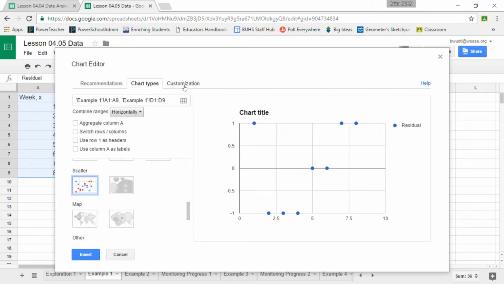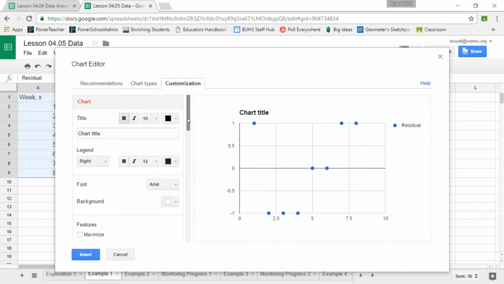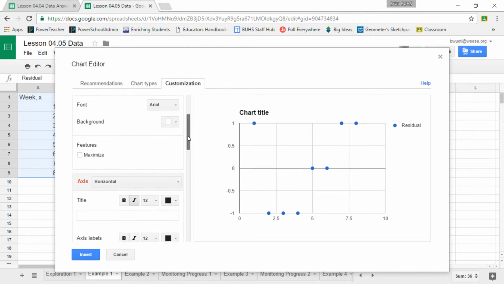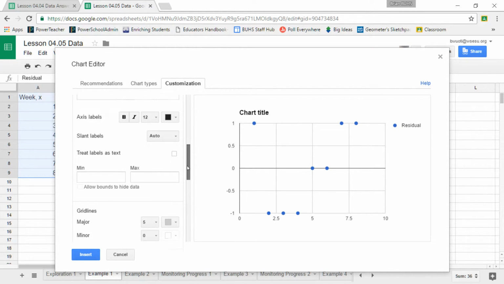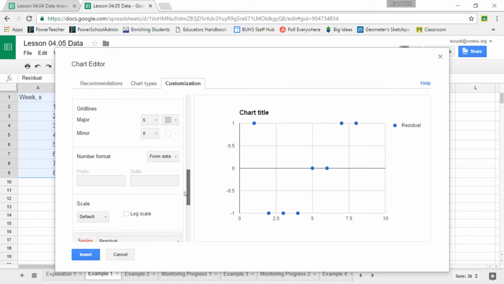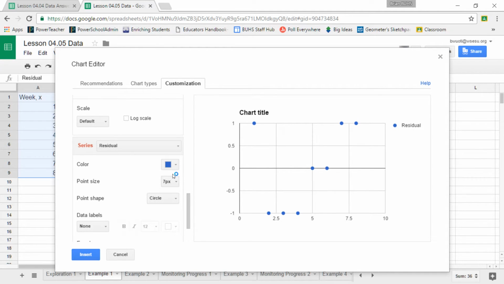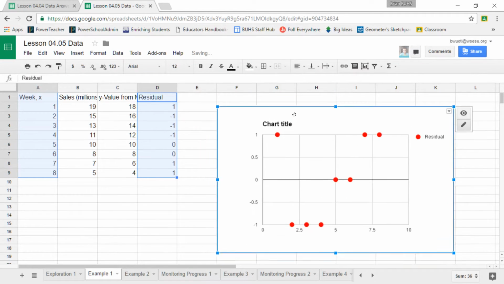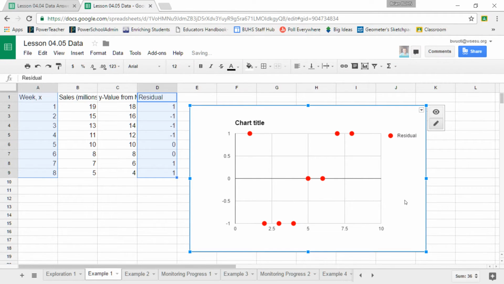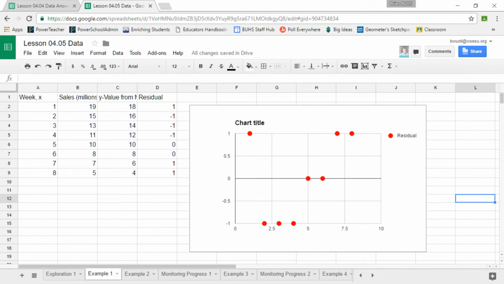If you want, you can click on the customization tab, the third tab up. And if you scroll down a little ways, you can edit all sorts of things. I'm going to change my colors, and I'm going to change the size of those dots. And I'll hit insert. And now it puts that chart right in my table. And so these dots are my residuals.